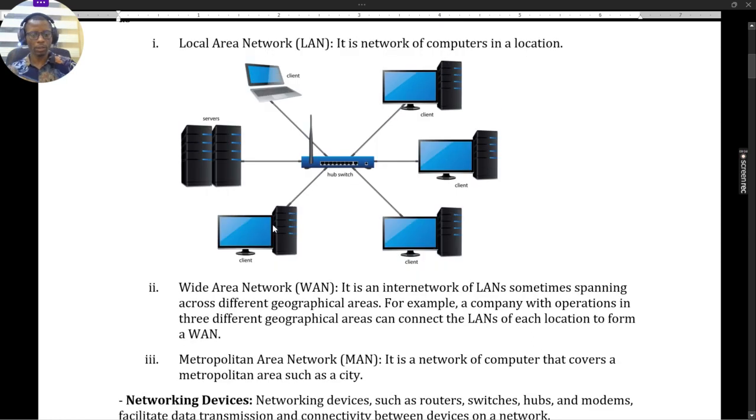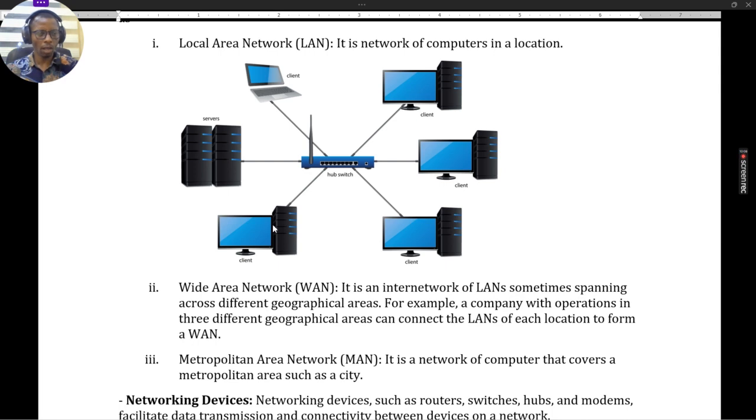And now, we're talking about the wide area network, which is a WAN. It's just multiple LANs connected together. So a bigger one, maybe a more complicated version. For example, an example I added to the course notes is, you can think of it as maybe you have three companies, and maybe one is in Lagos, one is in Port Harcourt, maybe one is in Ile-Ife, and they all have their different LANs.